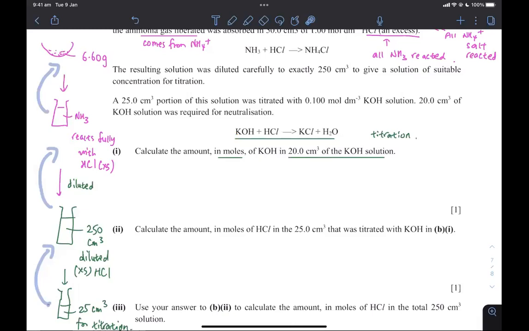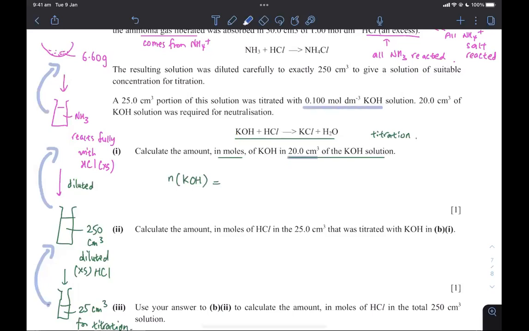I should probably ask someone on this. Let's ask Afif, are you there? Yes. How do you find the mole of KOH? Tell me, what would you do? And I'll write it out for you. Do you know how to find the mole of KOH? Volume of KOH for your titration.